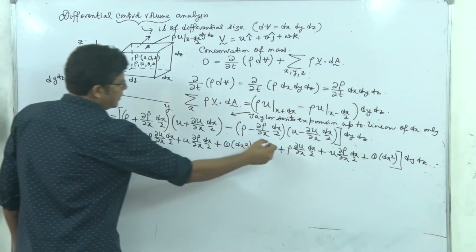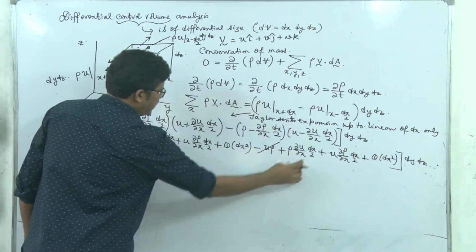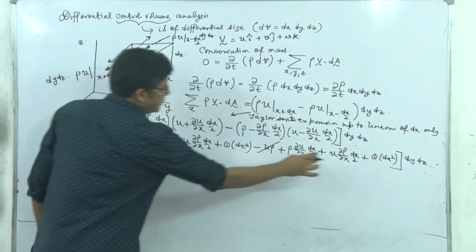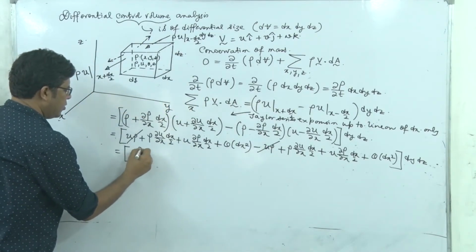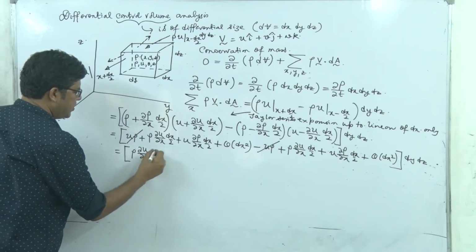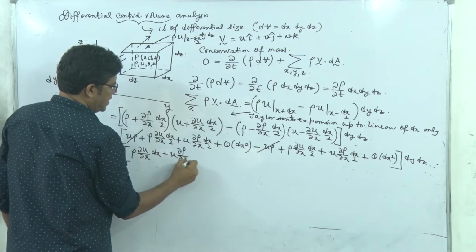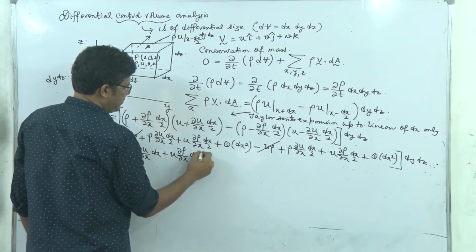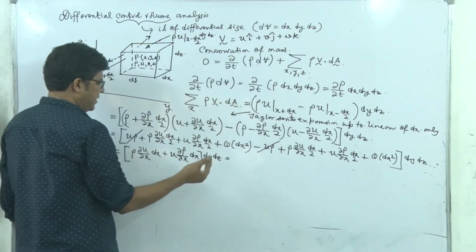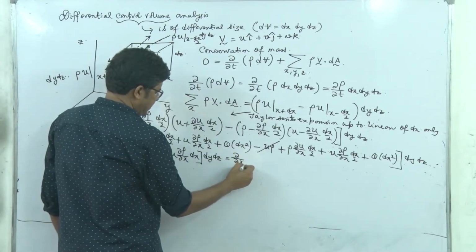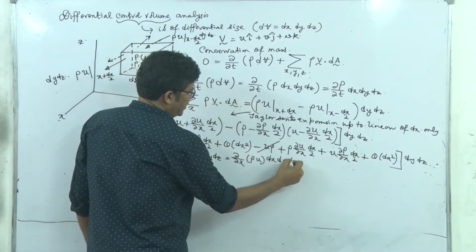So u rho and this u rho cancel out. This and this will add up, this and this will add up again. So you get rho into del u del x dx plus u into del rho del x dx, into dy dz. So basically it is del del x of rho u dx dy dz.